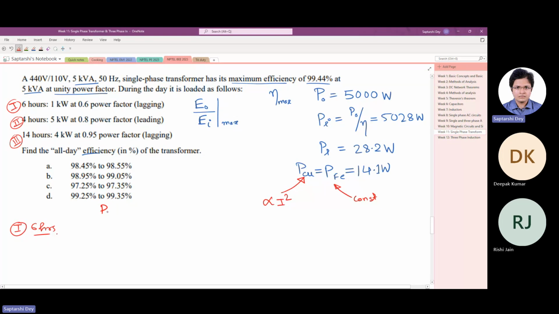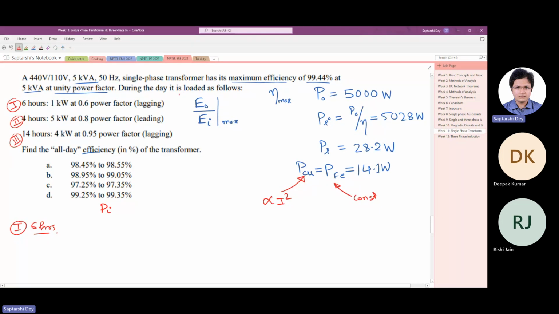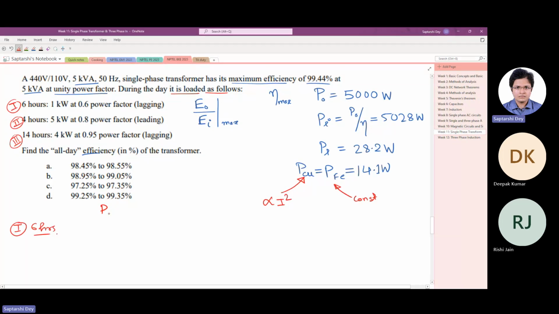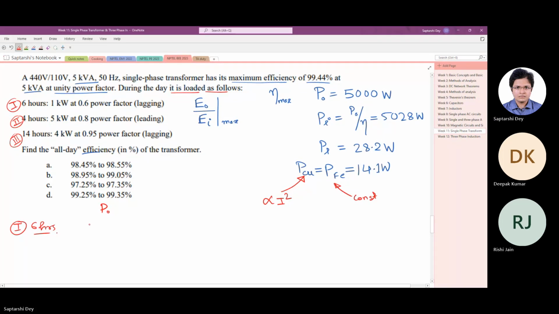It says it is loaded as follows: output is 1 kilowatt at 0.6 power factor.